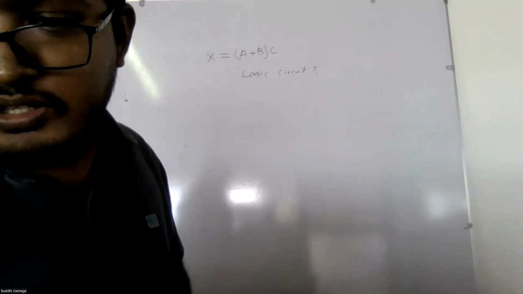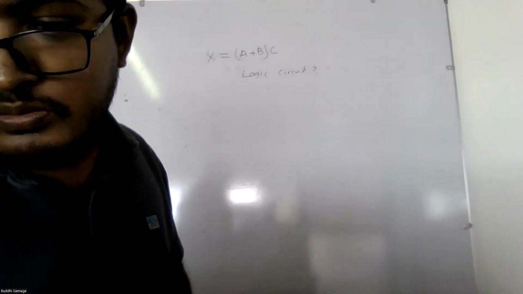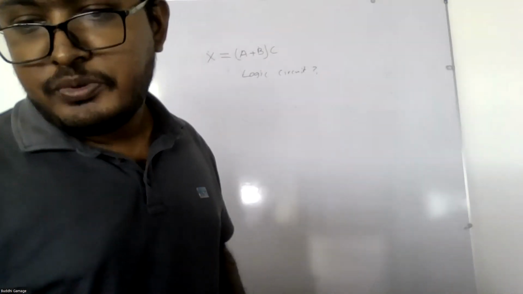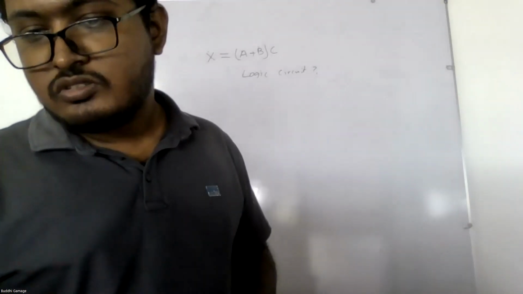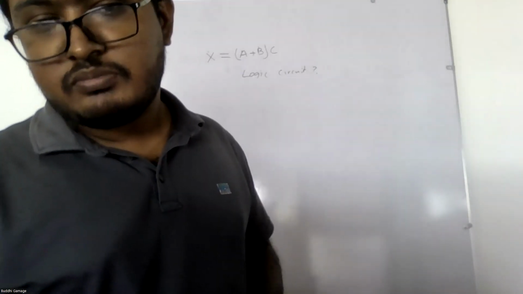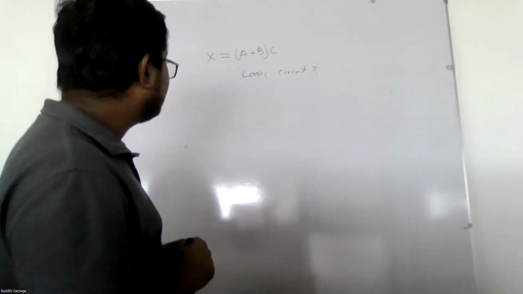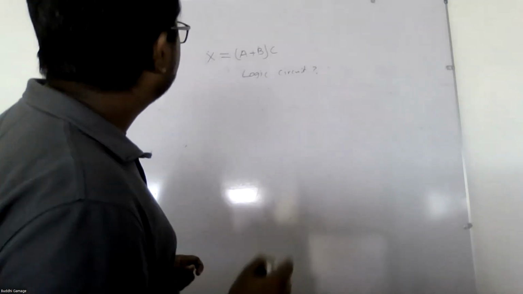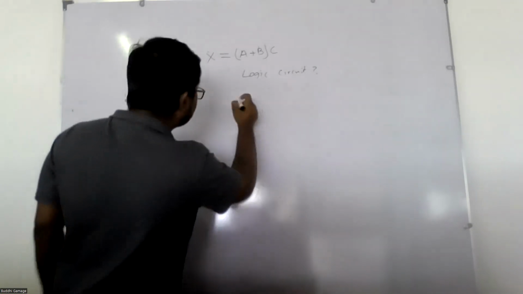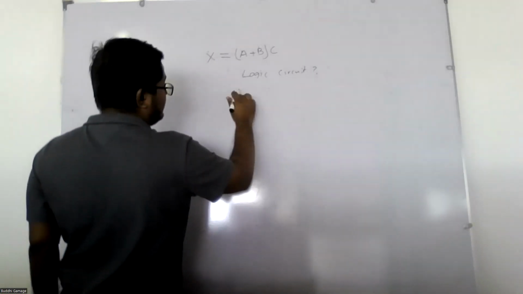An OR gate for A and B, the output will be A plus B, and that output and C should be connected through an AND gate to get the final output. So we can do that.